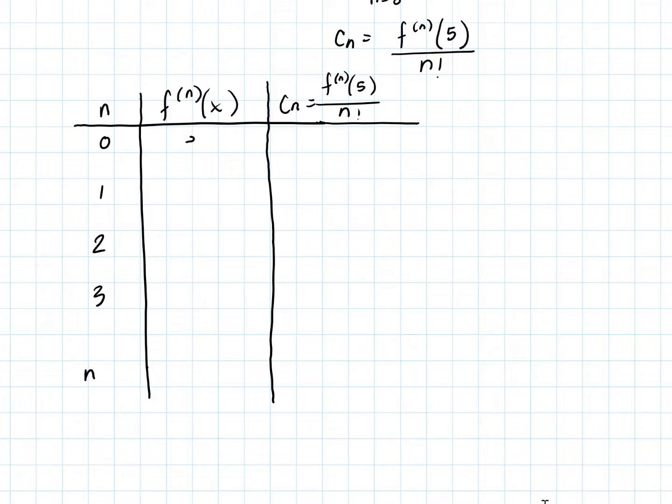Of course, this is just e to the x, e to the x, e to the x, e to the x, dot, dot, dot, e to the x. This is our easiest function to work with in terms of repeated derivatives because it remains the same.